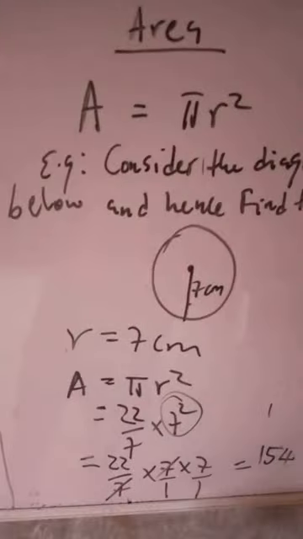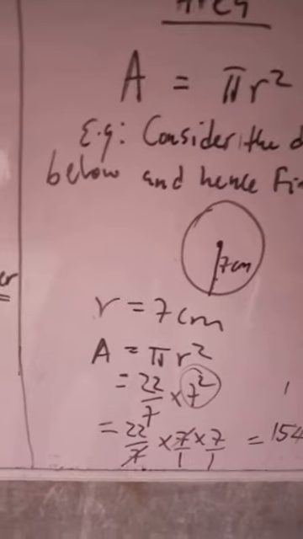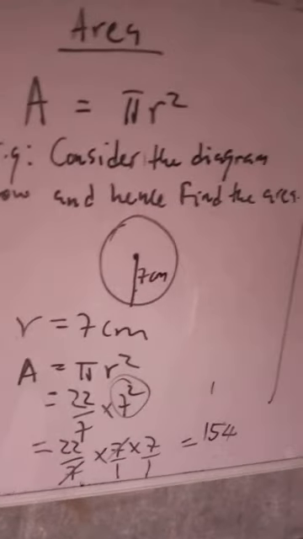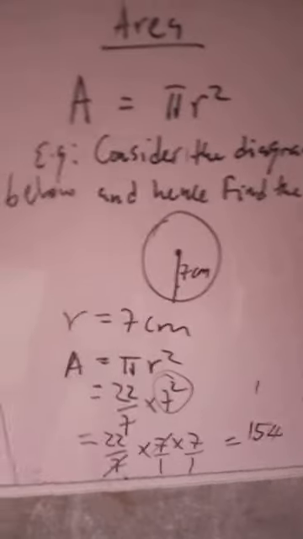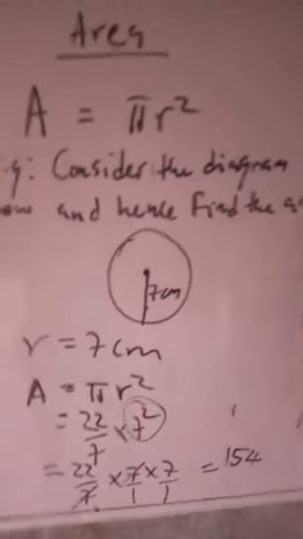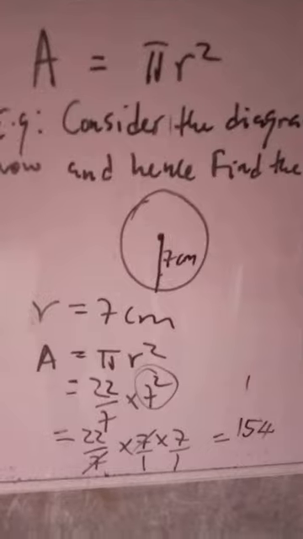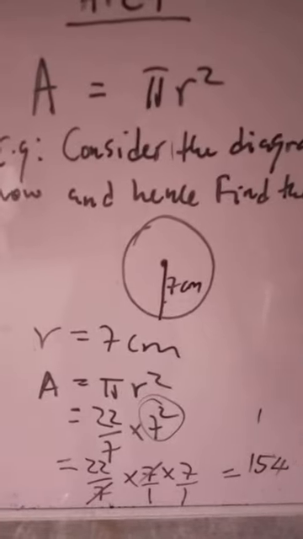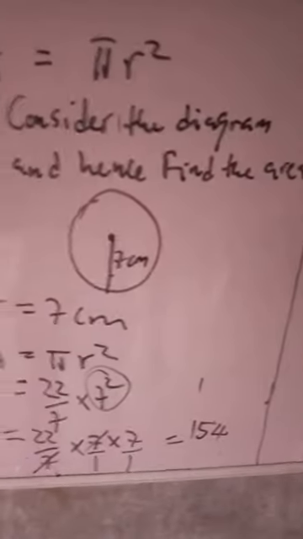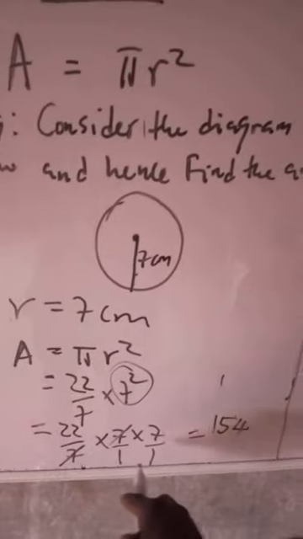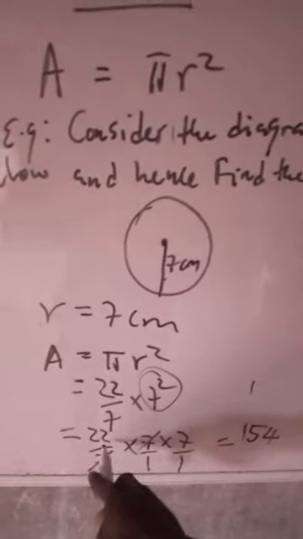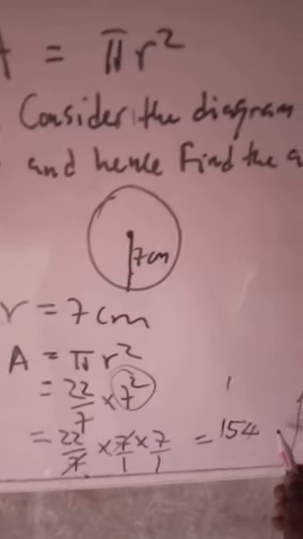So that becomes 154. My battery is down and my light went off, but it's still okay. So that is 154. After cancelling, 22 times 7 gives me 154.